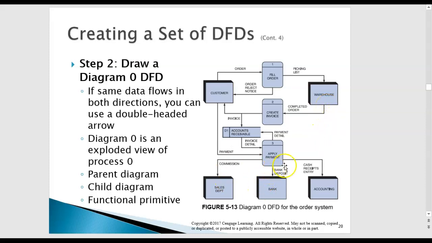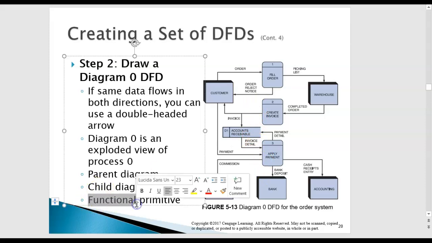So the context diagram that we saw in the earlier slide, you can consider that to be the parent diagram, and this one over here is the child diagram, and we keep exploding these processes till we get to the most functional level, and we know exactly what processes are going to take place for the system to complete its requirements.